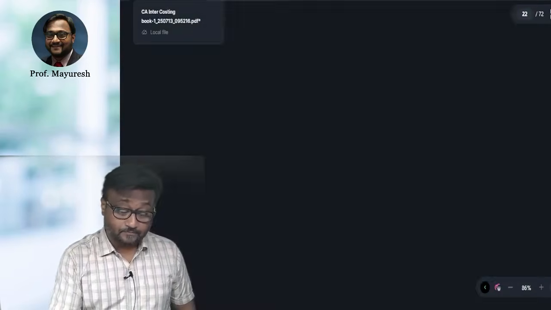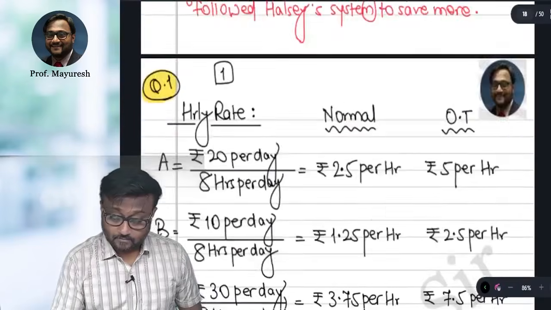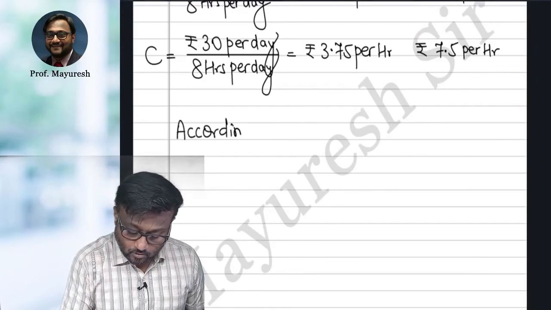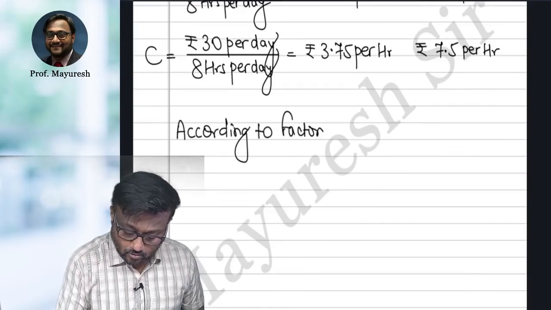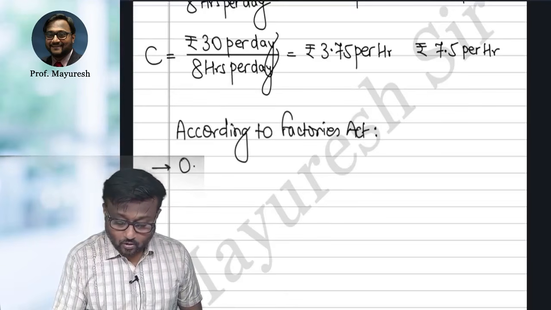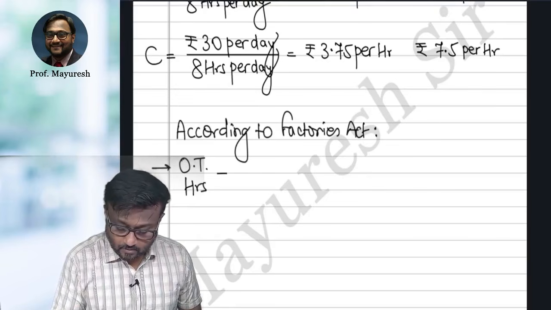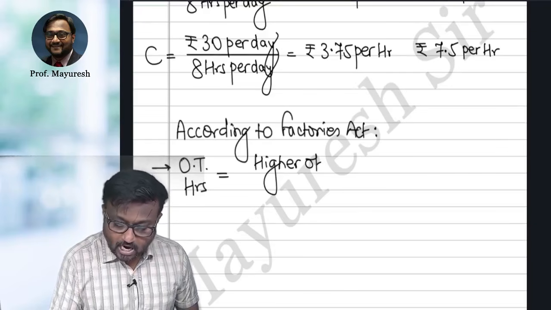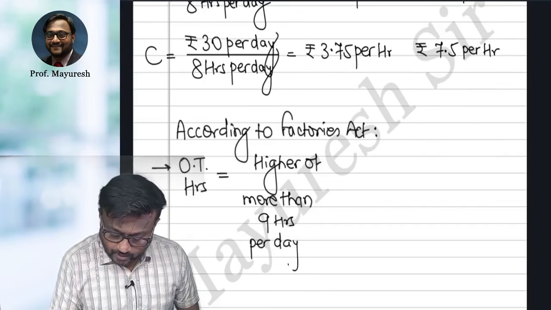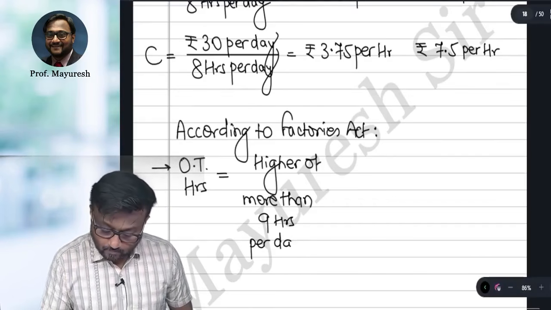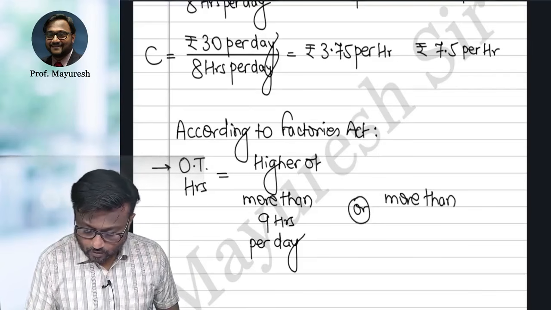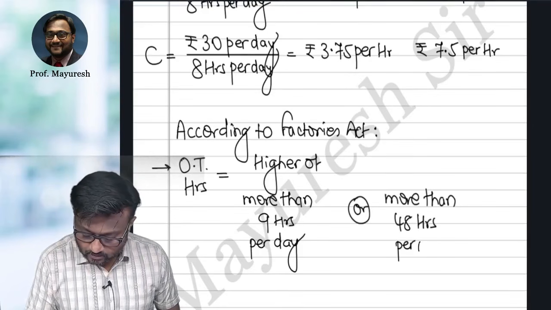Now, according to the Factories Act, Section 59, overtime hours will be the higher of more than 9 hours per day or more than 48 hours per week.